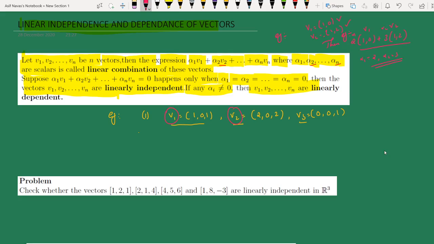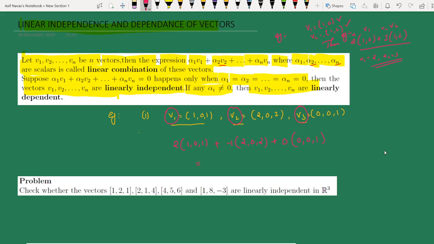A linear combination of v1, v2 is equal to 0. So I will take a linear combination like this: 2 into 1 0 1, for example, minus 1 into 2 0 2 plus 0 into 0 0 1. So what happens in this linear combination?